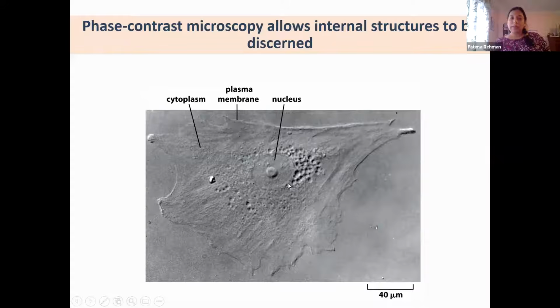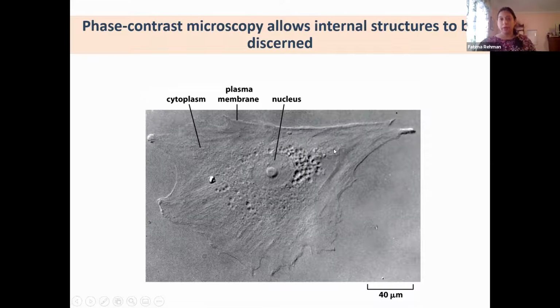So here in the center is your nucleus, outside is your cell membrane, and then inside this kind of blurry stuff is your cytoplasm. You also see some types of organelles that are around, right? You see some structures that are forming, but it is hard to figure out what they will be exactly. Some of this would be parts of the Golgi complex or the endoplasmic reticulum. Some of these might be some other organelles, but it is hard to resolve them using just the phase contrast and light microscopy.